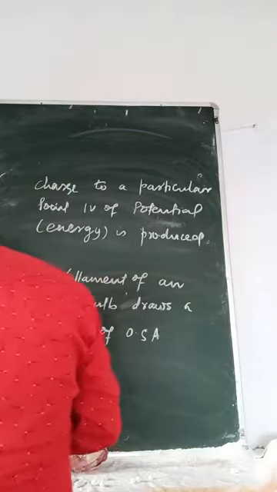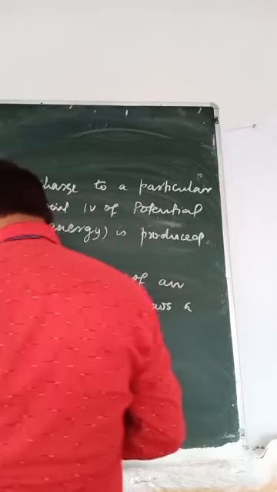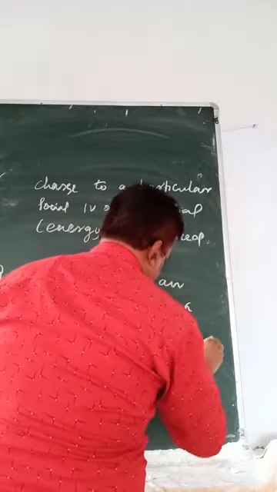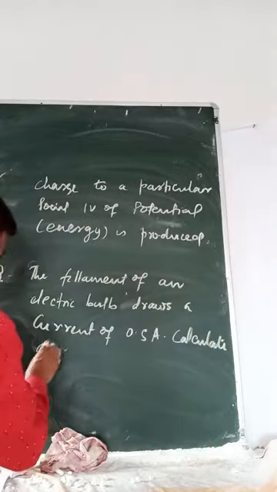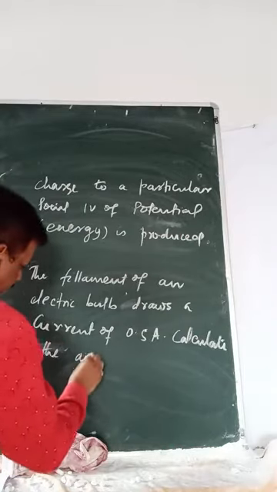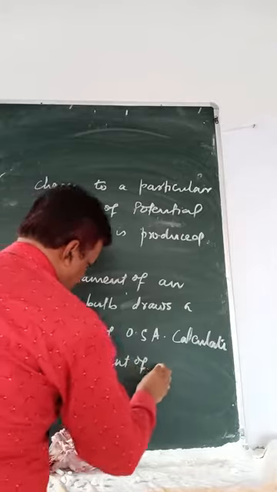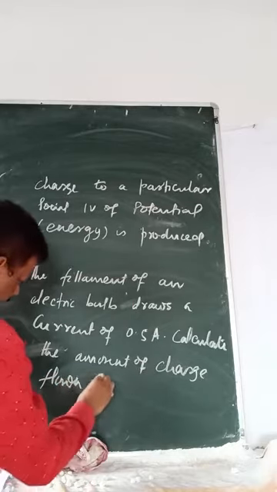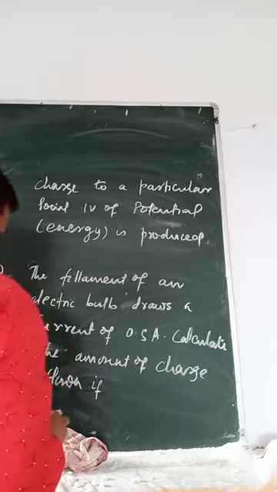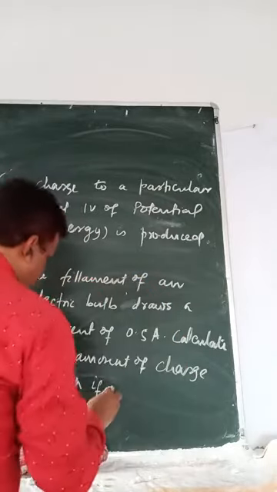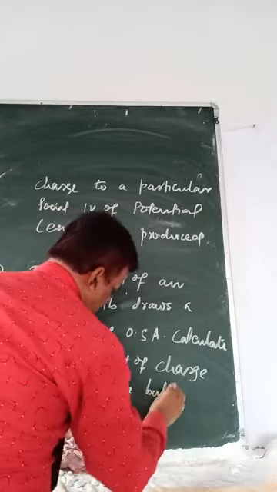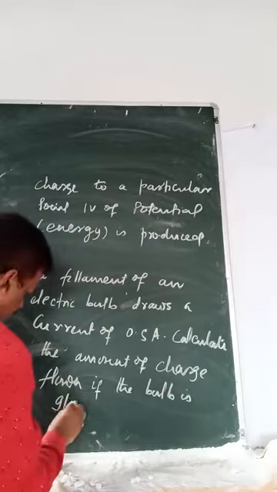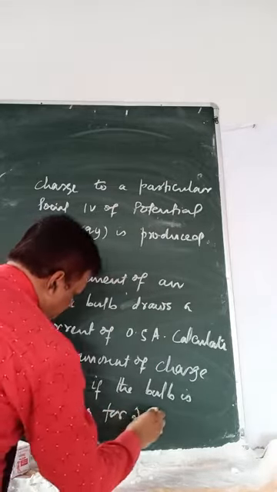A means ampere. Calculate the amount of charge flown if the bulb is blown for 2.5 hours.